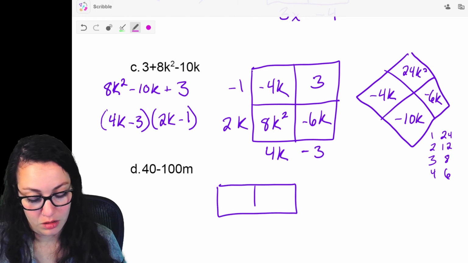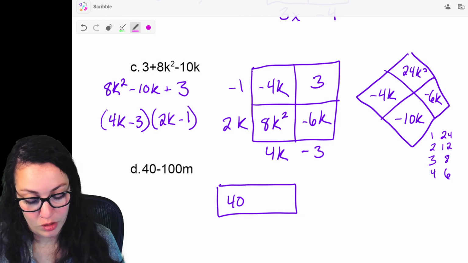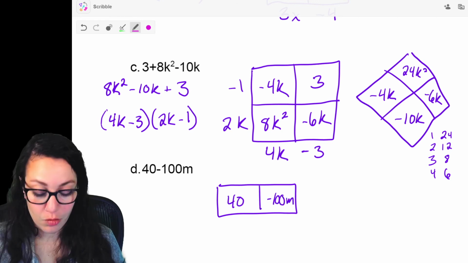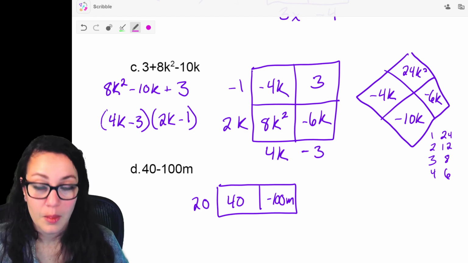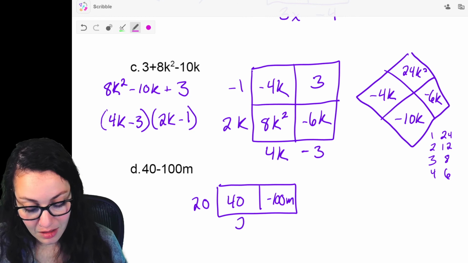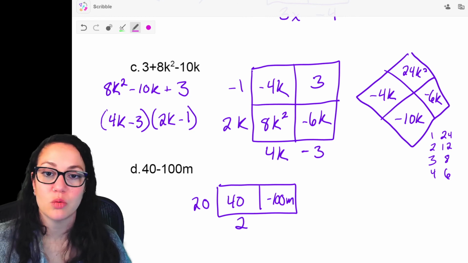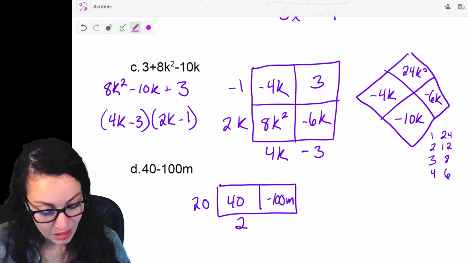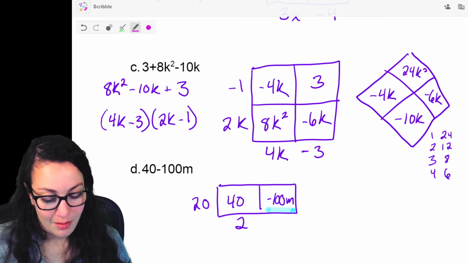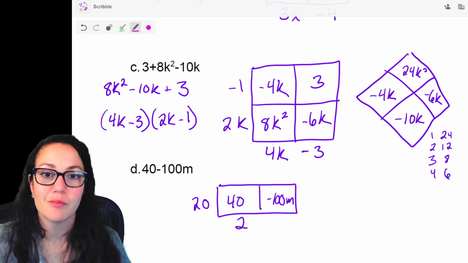I'm going to draw a little side-by-side area model. I've got 40 and negative 100m. And if I take out a positive 20, to multiply that with something and get 40, I need to have a 2. And then over here, 20 times 5 is 100, but we've got a negative sign and we've got an m.